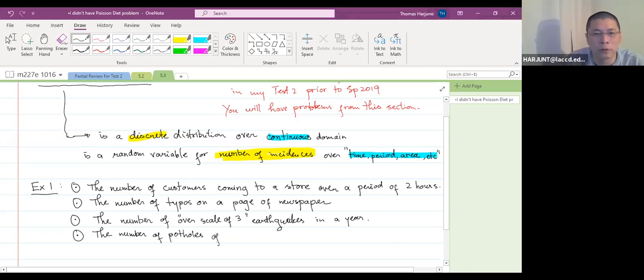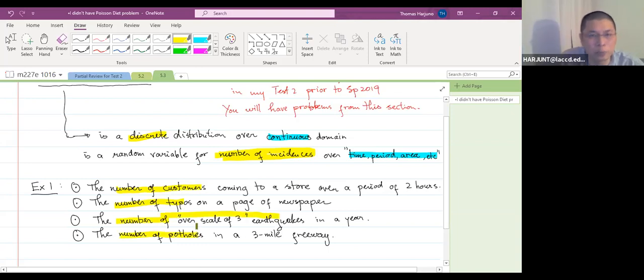Over a 3-mile stretch. Okay, so you see, the one we are measuring is the probability of the number of customers, the number of typos, the number of earthquakes, the number of potholes, okay?